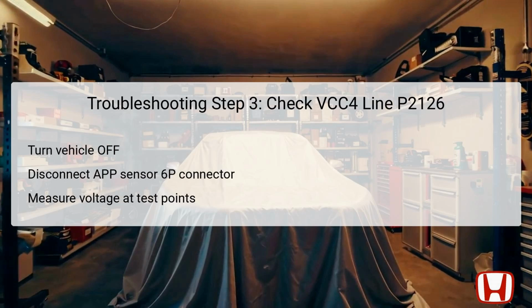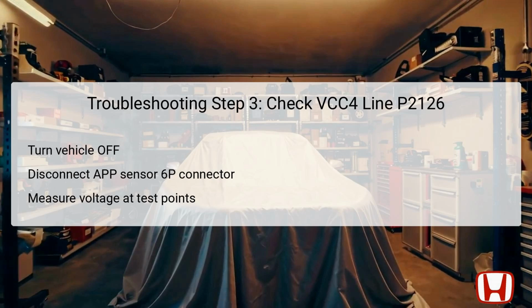To investigate possible issues further, the next step is to check the VCC4 power line associated with the APP sensor. Begin by turning the vehicle to the off mode. Following this, disconnect the APP sensor 6P connector to isolate it from the system. After disconnecting, turn the vehicle back to the on mode, but leave the APP sensor disconnected.